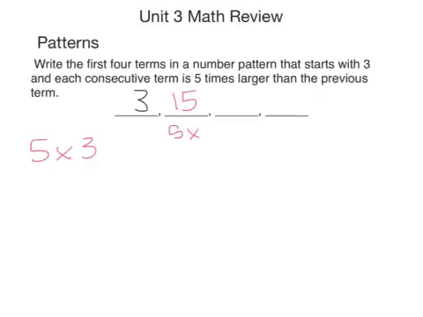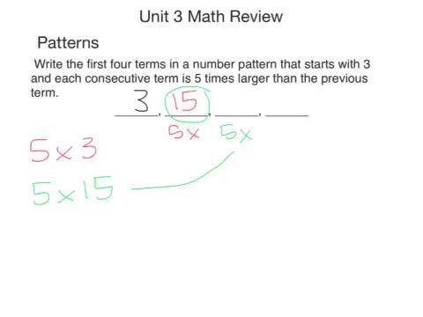Then let's go ahead and take a look at the third term. And I know that the third term is going to be 5 times larger than the previous term. And the previous term was 15. So let's go ahead and write that equation. 5 times 15, because 15 was my previous term. And I know that each term is getting 5 times larger.